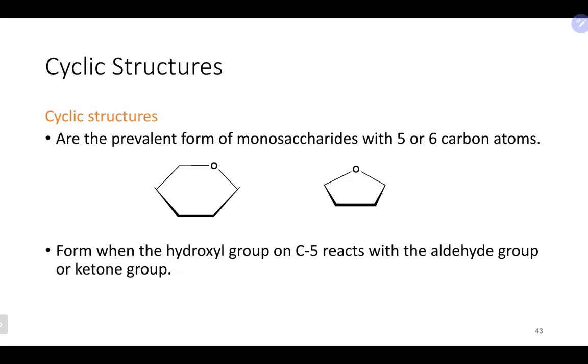But typically, these are the ones that we see for monosaccharides with 5 to 6 carbons. And in a lot of cases, it is usually carbon number 5 on the chain that actually goes and finds the double bonded carbon and oxygen. So if you have an aldehyde type topper, coming down here, like carbon number 5, that is usually the one that will go and attack the carbon there.